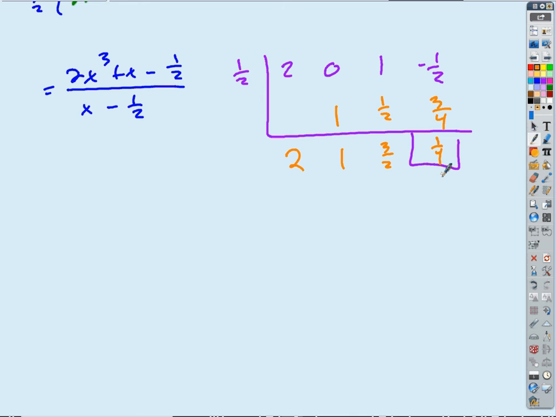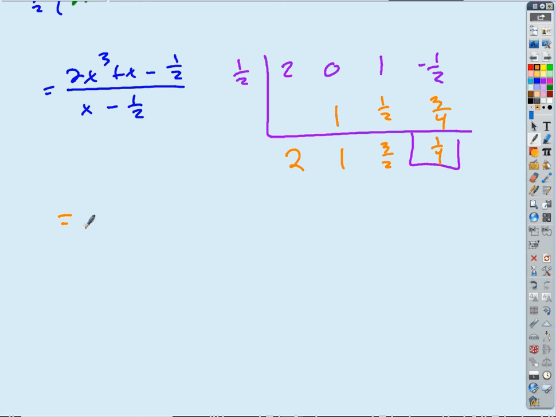That tells us that this whole thing is equal to what? 2x squared plus x plus 3/2. And the best way to do that is always to work backwards. You know that this has got to be the constant, coefficient of x squared, coefficient of x cubed, etc. Right?